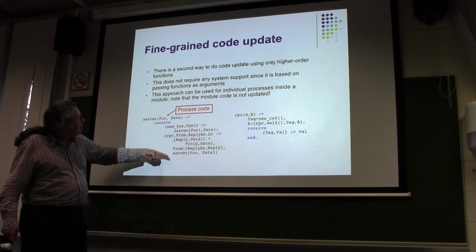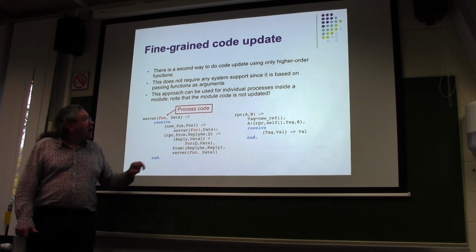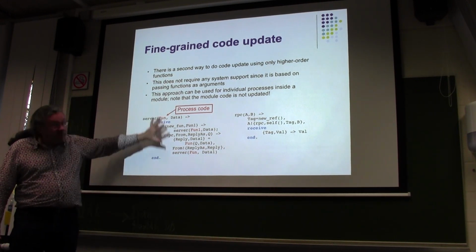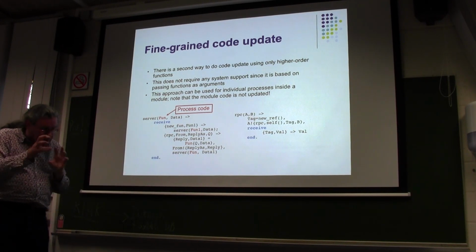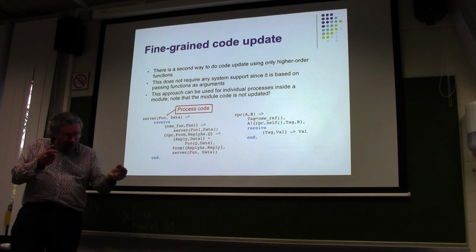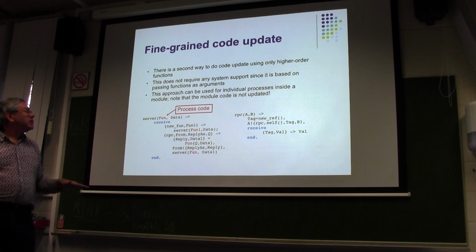And so the server, I can actually update it using just higher order. Notice the underlying module code is not changed here. This is a more fine-grained thing, yeah? So I can actually, in a fine-grained way, change the functionality of a process without changing the code.